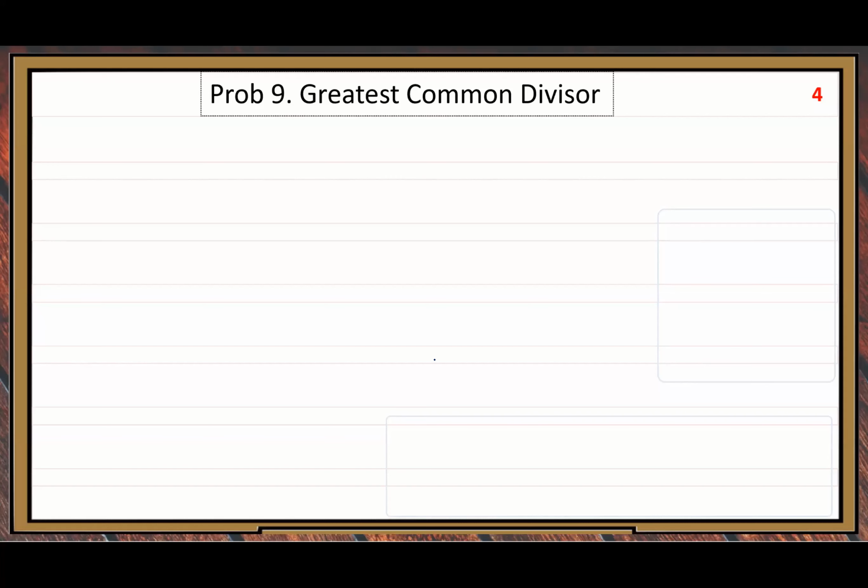First, let's look at our computing problem number 9, greatest common divisor. You are familiar with this problem. In middle school, all students should learn how to find the greatest common divisor of two given positive integers.